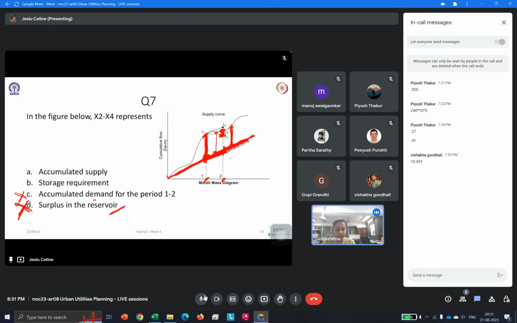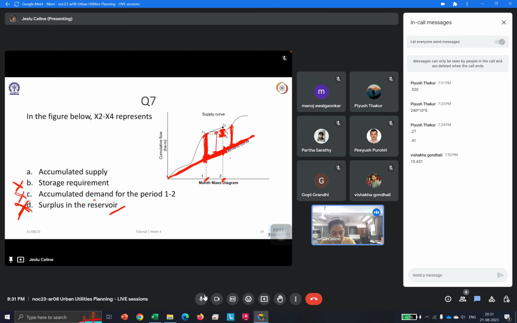Again there is no point where the supply curve is going below the demand curve, which means there will always be surplus in the reservoir. There will not be a case where water is deficient. So it will not be storage also. Why? Because storage will take this whole value.